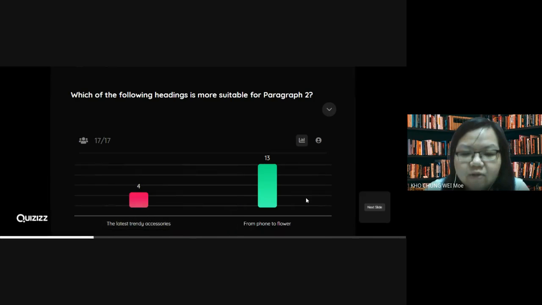And for those of you who have followed my earlier class on how to write an article, if you notice, the subheading itself is very attractive. Okay? Kill two birds with one stone, from phone to flower. This is what you need to do when you give a heading to your article. It must be attractive enough so that people will be interested to read what you want to say.